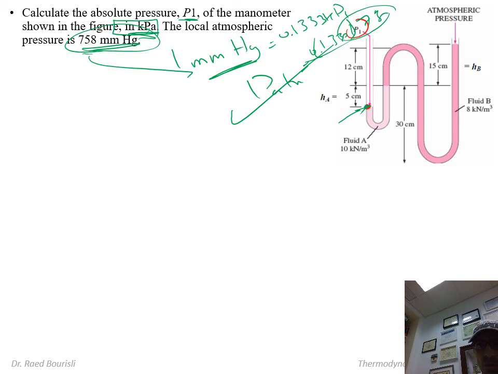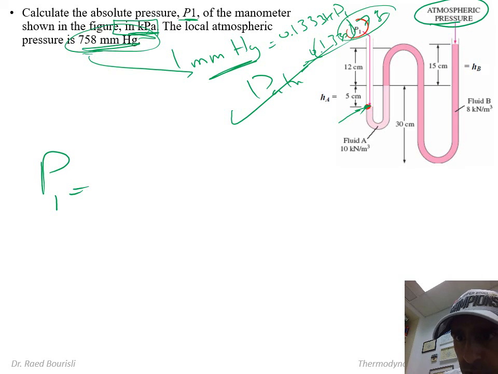But you want P1. So again, my usual way of doing things: P1 is equal to atmospheric pressure. I have the atmospheric pressure, so I'll apply it. But this is wrong. I know it's wrong because it's more, because as I go down, I increase the weight above my head.